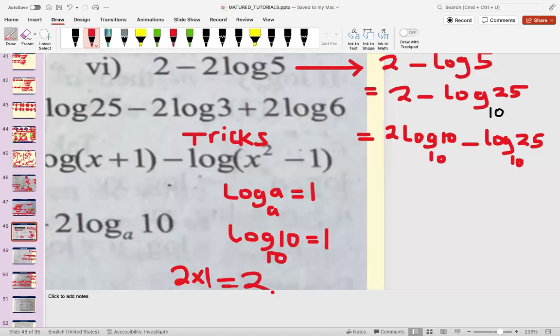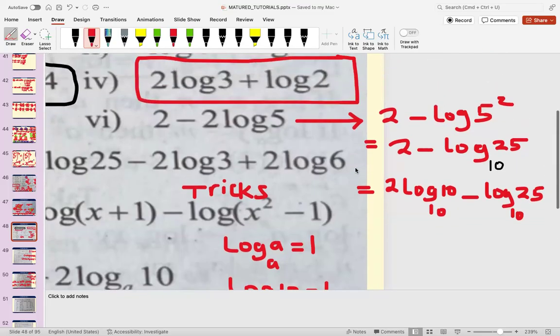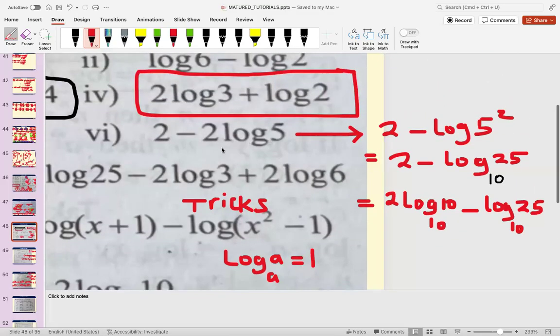Hello, sir. Yes, go ahead. Please, where from the log 10 25? Yes, so when we started, we said that we are using the third law to send this 2 on top of this 5. So we brought it and then we had 5 squared. So 5 squared is the same as 25.